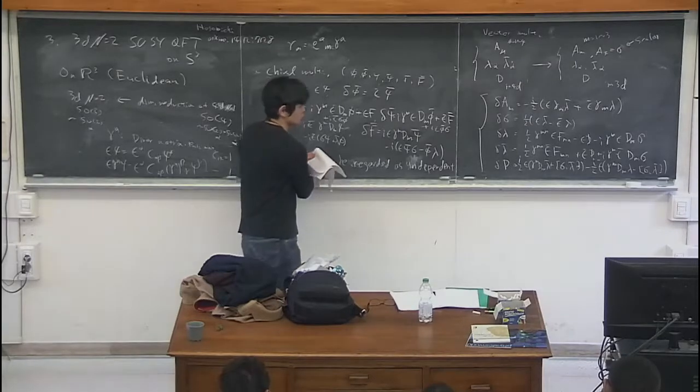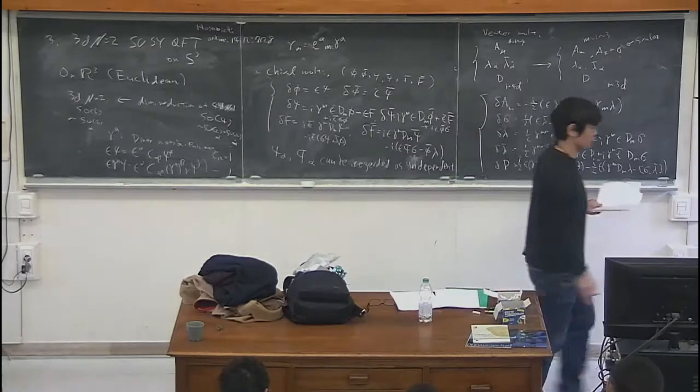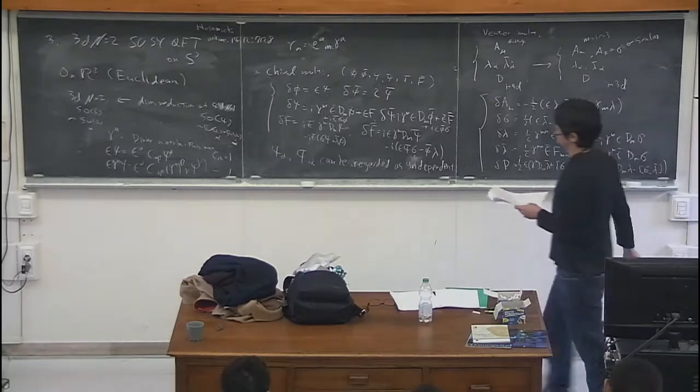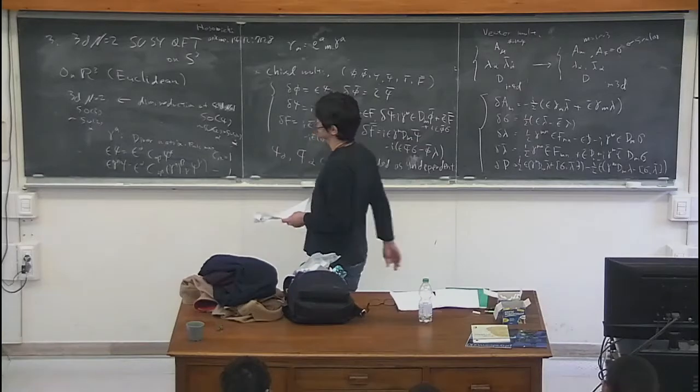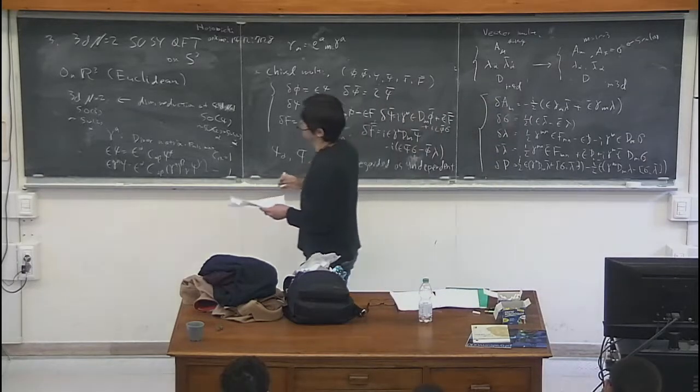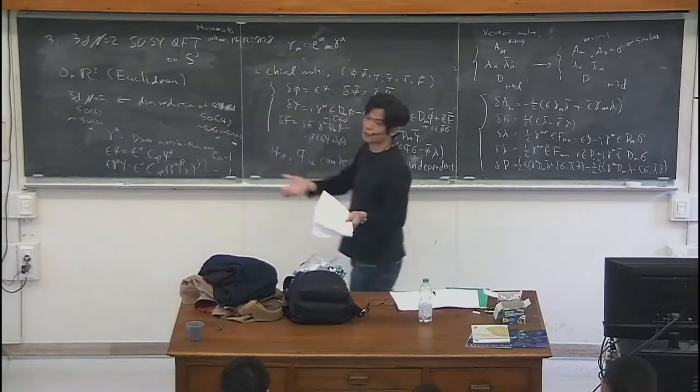Okay, so this is almost the same as for the N equals 1 case. We have not written that explicitly. So this is a flat space case. To apply the localization technique, it is convenient, or more rigorous, to compactify the manifold on a compact space.